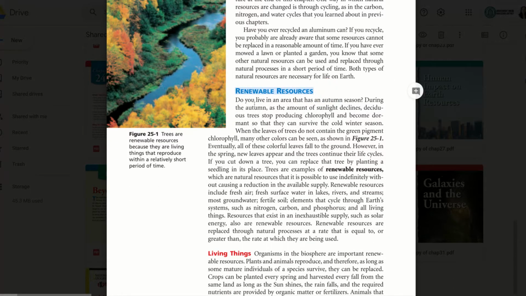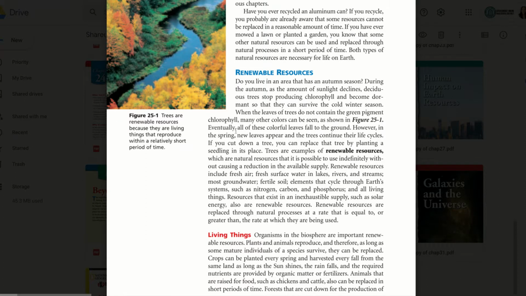Renewable resources. Do you live in an area that has an autumn season? During the autumn, as the amount of sunlight declines, deciduous trees stop producing chlorophyll and become dormant so that they can survive the cold winter season.